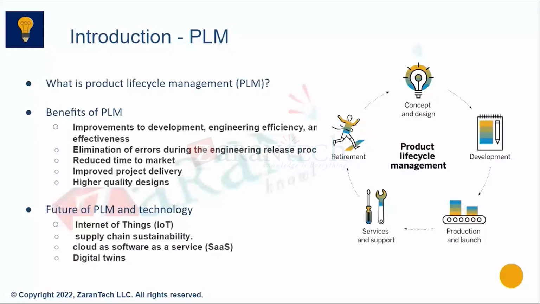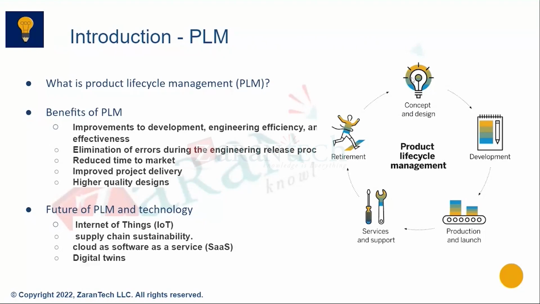And any product has a life cycle, which starts from concept and design and goes to retirement. So that's what you can see on the right hand side, this starts with a trigger from concept and ideas, concept and design for a product.